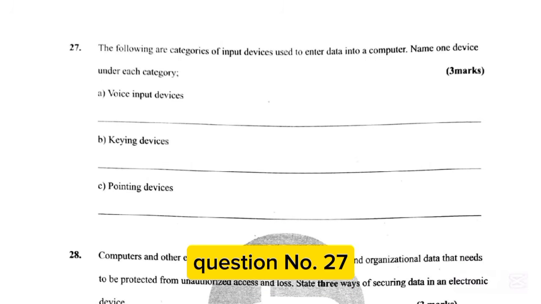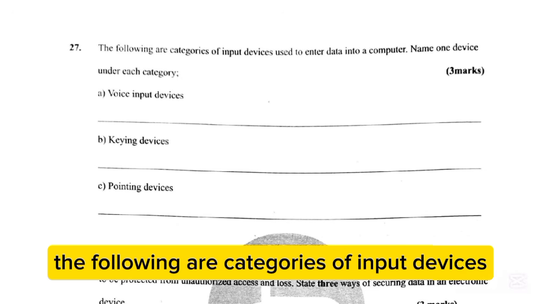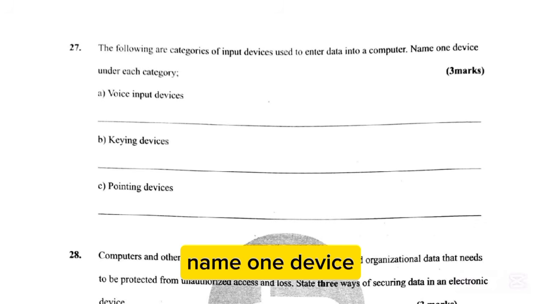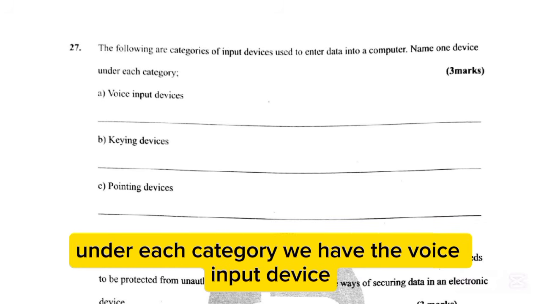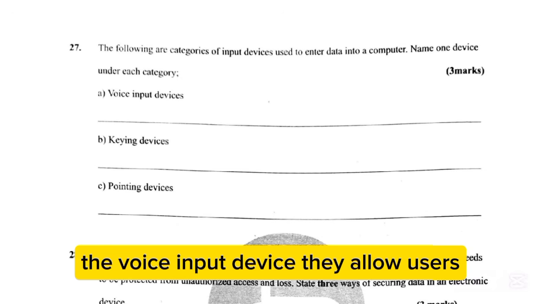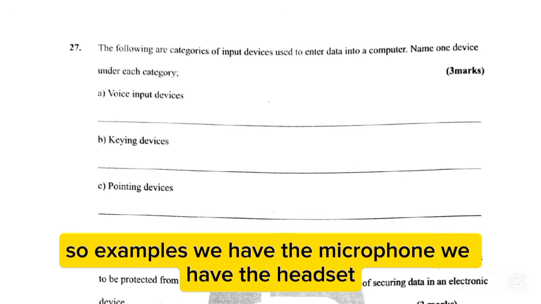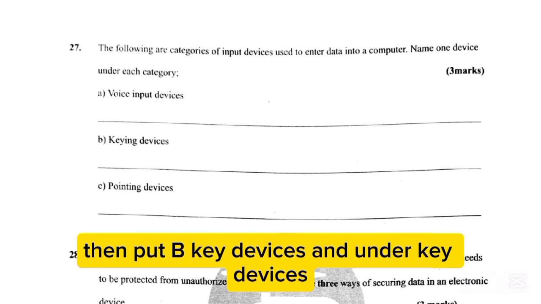Question number 27. The following are categories of input devices used to enter data into a computer. Name one device under each category. We have the voice input device. The voice input devices allow users to interact with the computer using their voices. So examples are the microphone and the headsets. Then part B, keying devices.